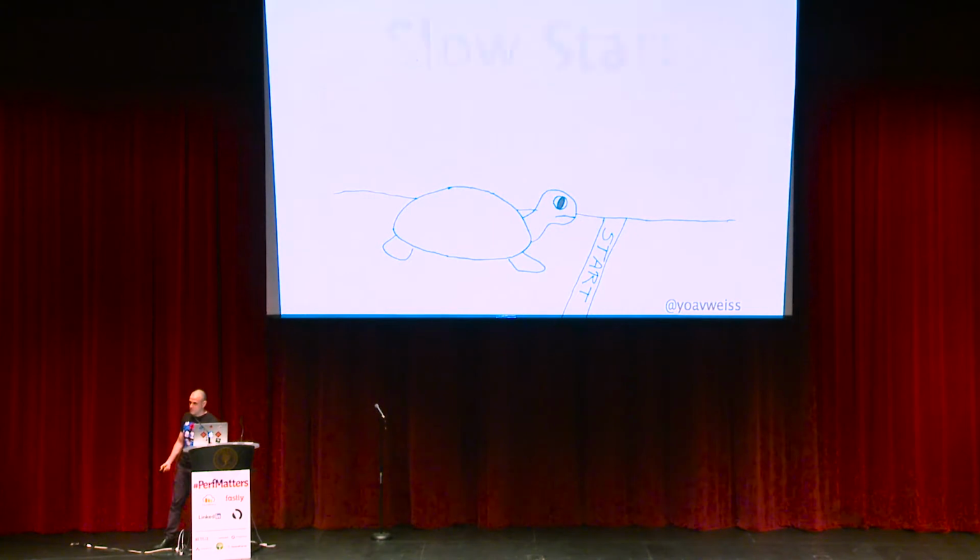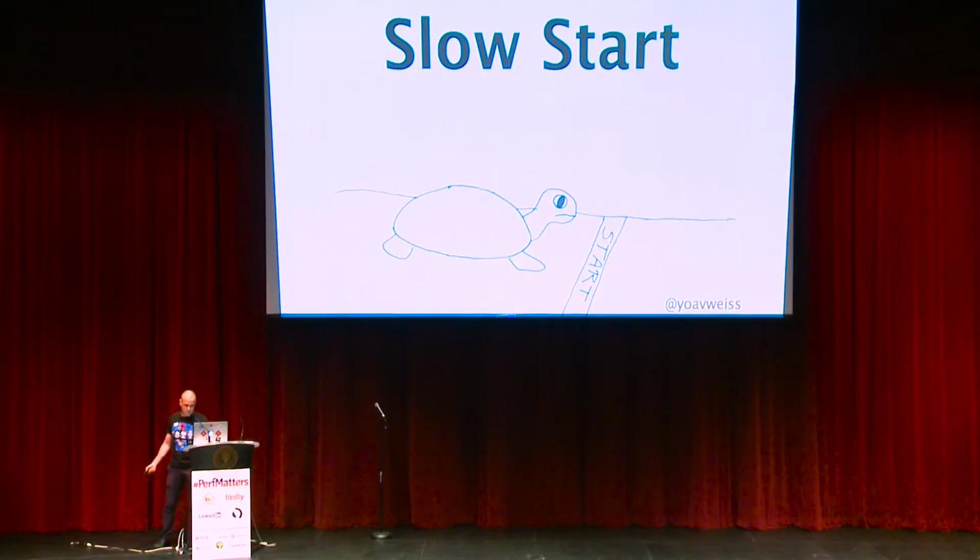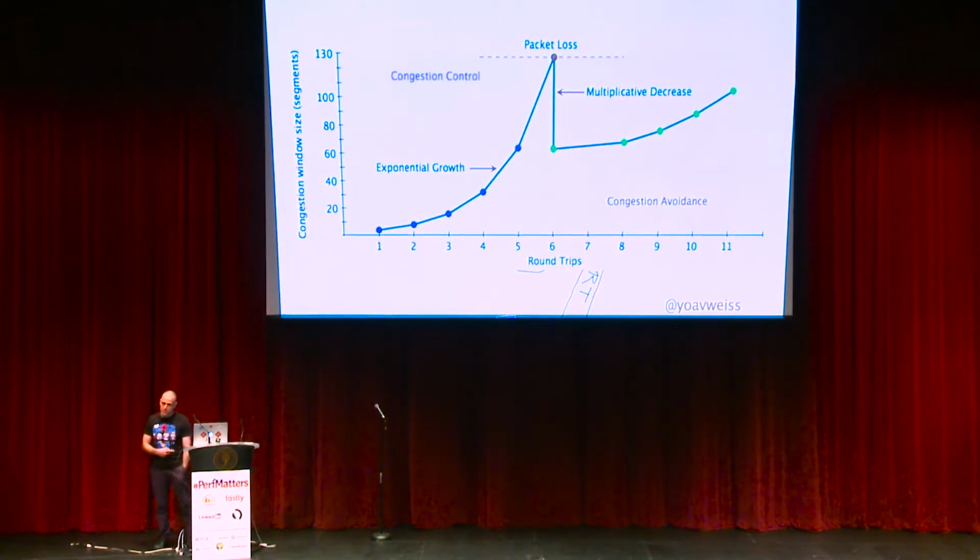Third is slow start. Once the server has an HTML page that is ready to be sent down, this is when we hit slow start. Slow start is a mechanism that enables the server to start sending data despite the fact that the server doesn't know how much bandwidth it has, without overwhelming the network and causing congestion, which is a bad thing you want to avoid.